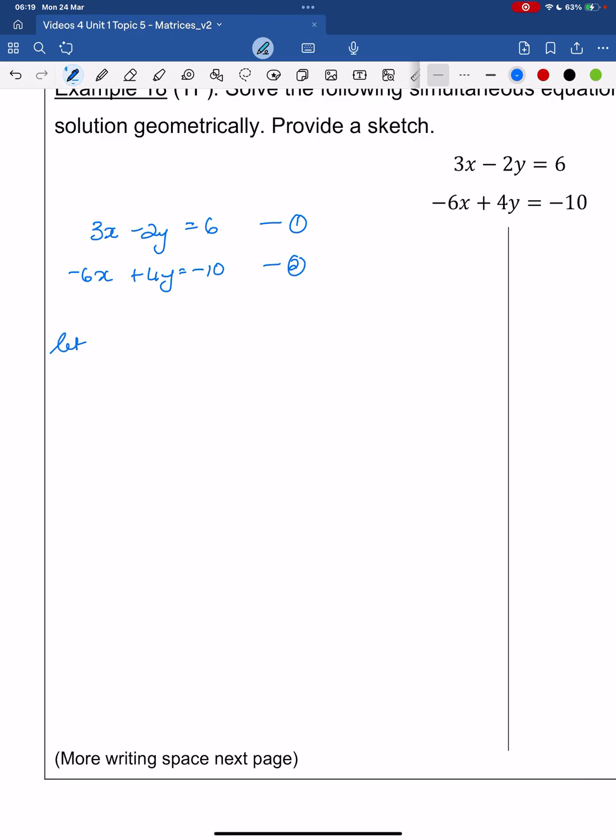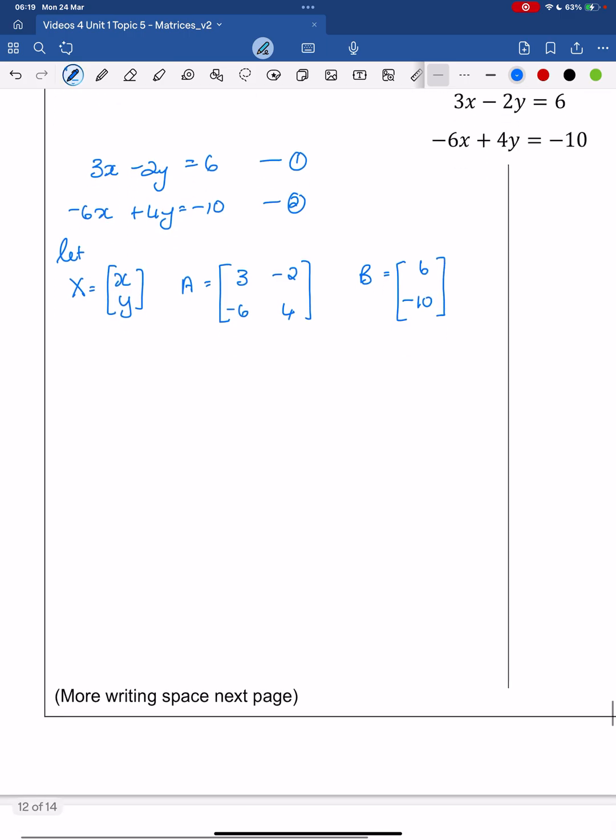And we're going to let X be the matrix x, y. We're going to let our matrix A be 3, negative 2, negative 6, and 4. And we're going to let our matrix B be 6 and negative 10.